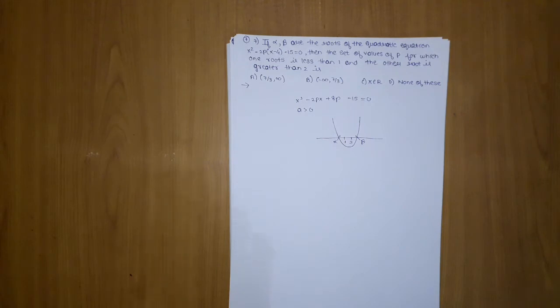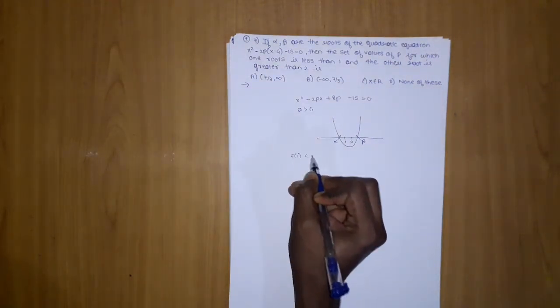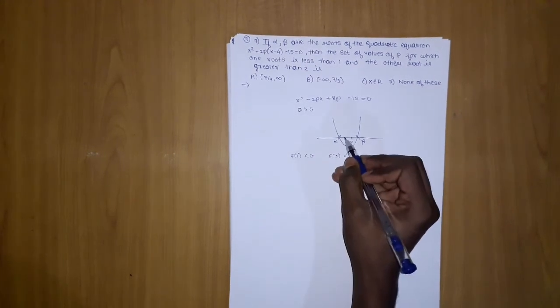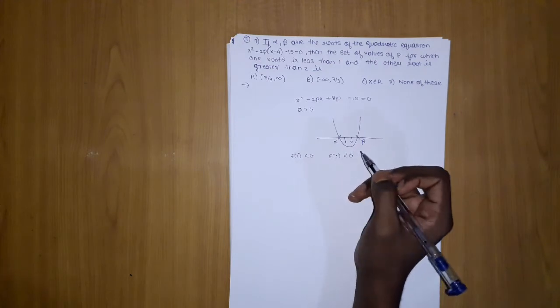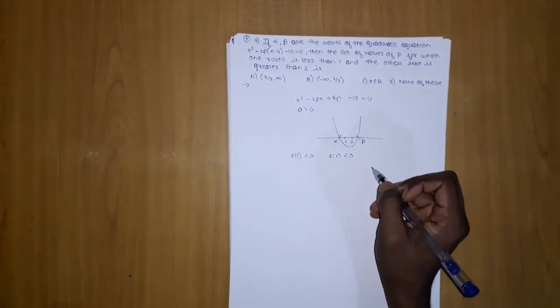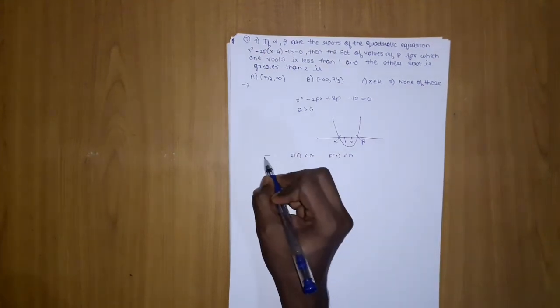Now what is the condition in such problems? f of 1 should be less than 0 and f of 2 should be less than 0, as the function will be negative there. This is the only condition.